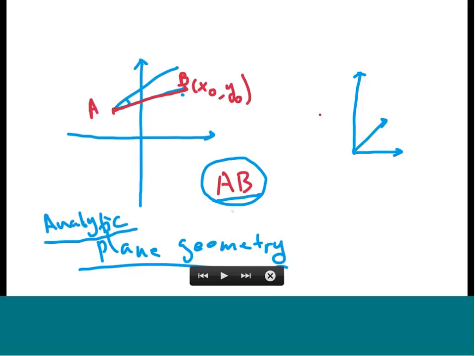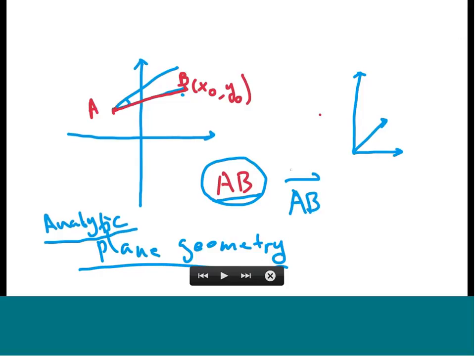Does anybody know what's wrong with it? Not sure. Okay, the missing part is the direction. So we should have AB as a vector.